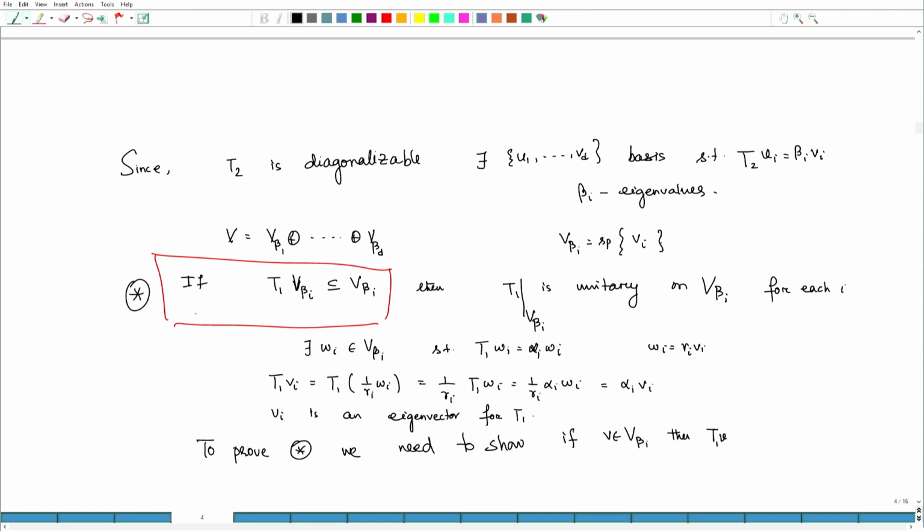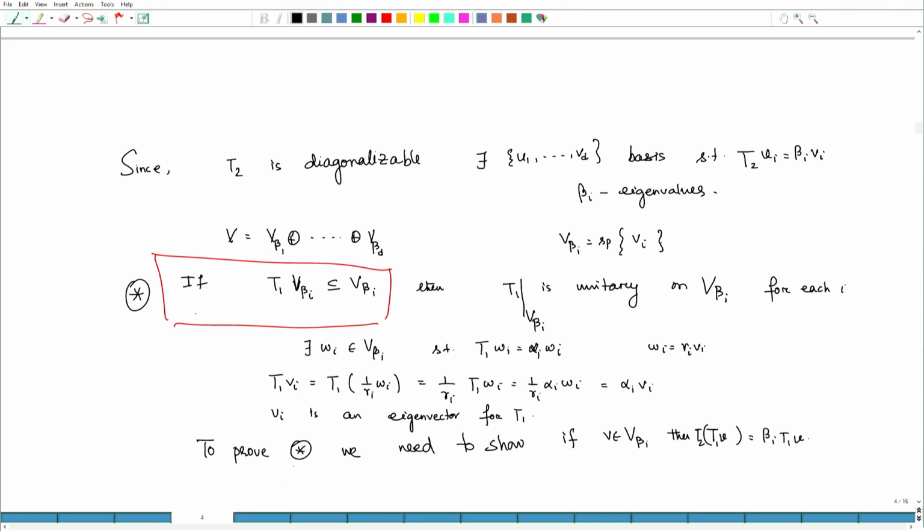That means it is going to be an eigenvector for T2, so T2 of T1 of V must be equal to beta i T1 of V. If we can show that, then star will be true.